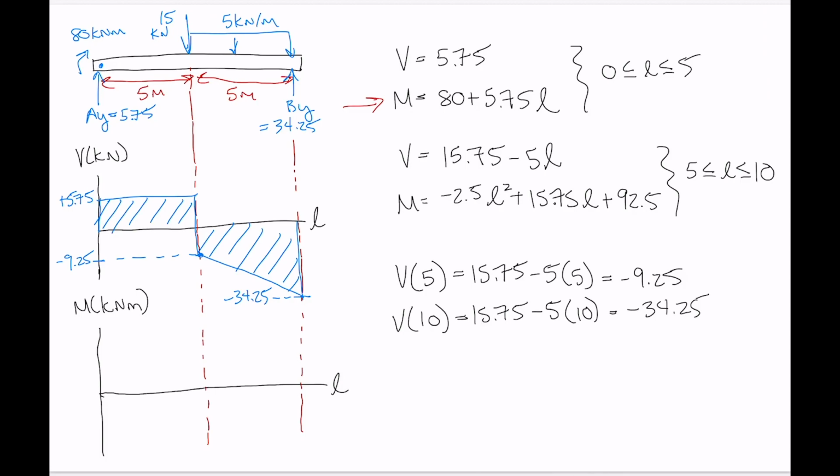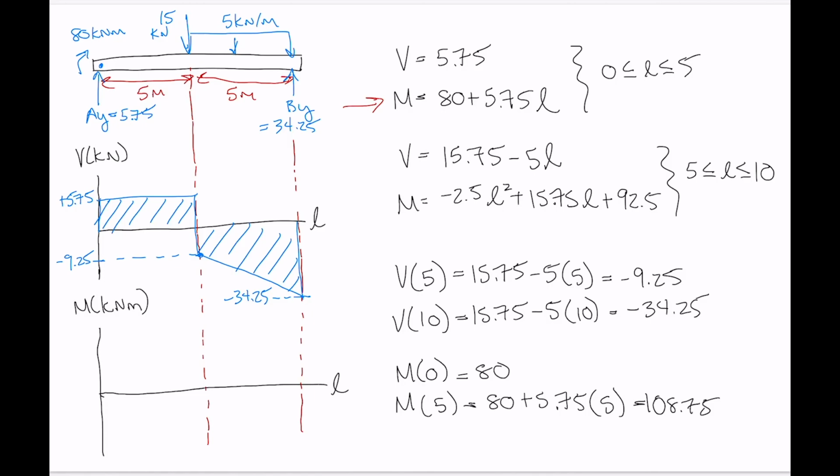So evaluate M at 0, which of course just gives us 80. And then evaluate M at a distance of 5, which is 80 plus 5.75 multiplied by 5, which gives us 108.75.